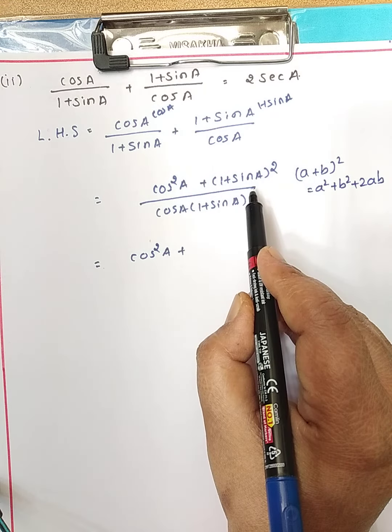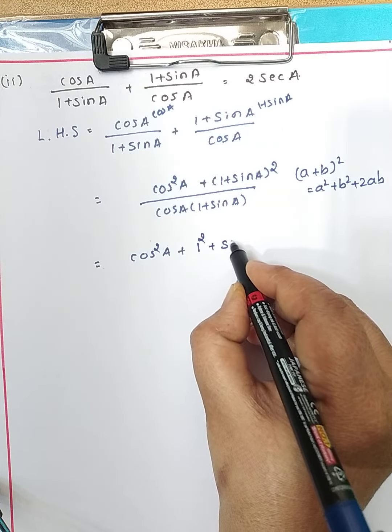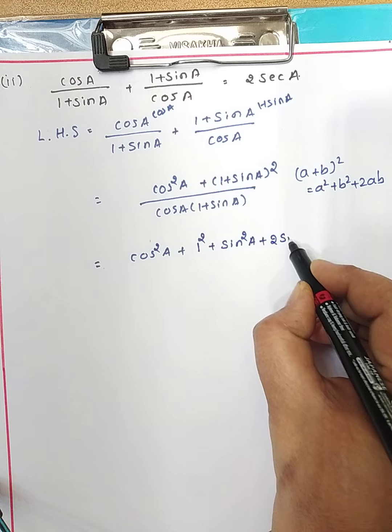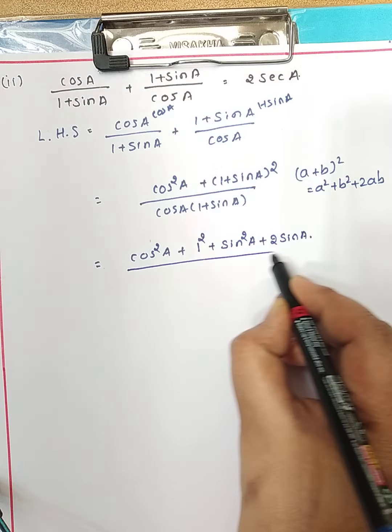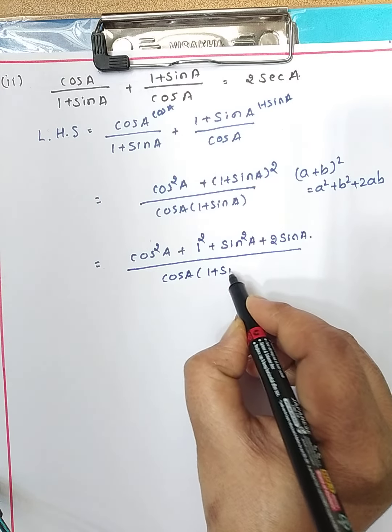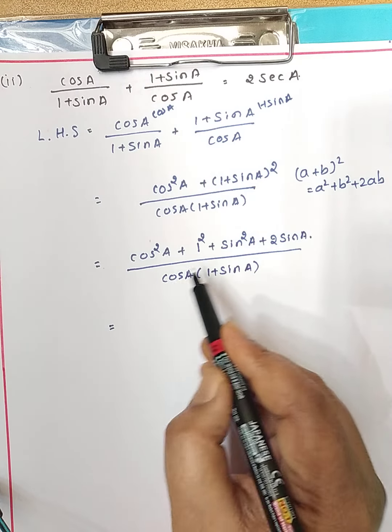A is 1 and b is sin a. Write it as 1 square plus sin square a plus 2 sin a into 1, upon cos a into (1 plus sin a).